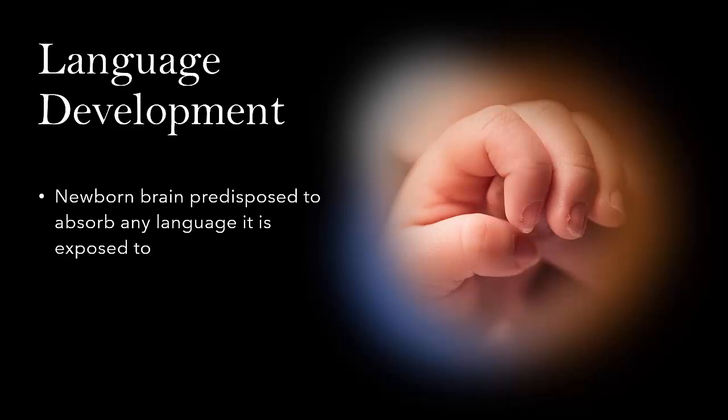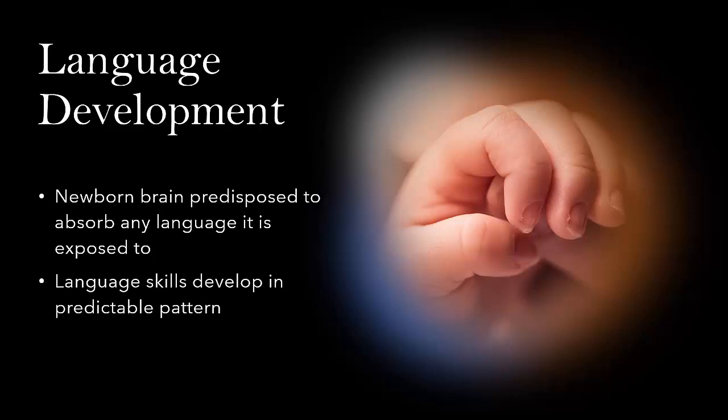If you take a Chinese baby and you place them in a Spanish environment, they're going to learn Spanish just as easily as they would any other language. So our brains are predisposed to absorb anything that it's exposed to. And then that exposure is necessary to take advantage of that predisposition and allow the infant and baby and toddler to eventually develop their language skills.